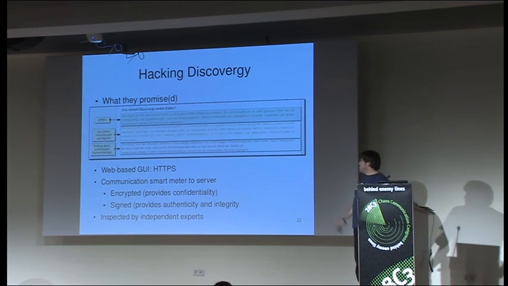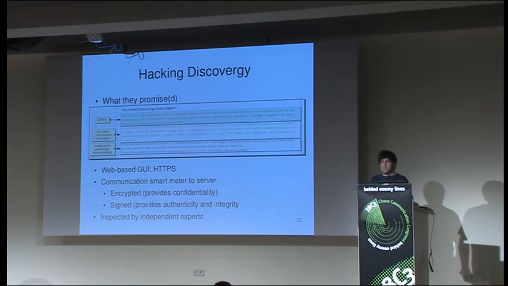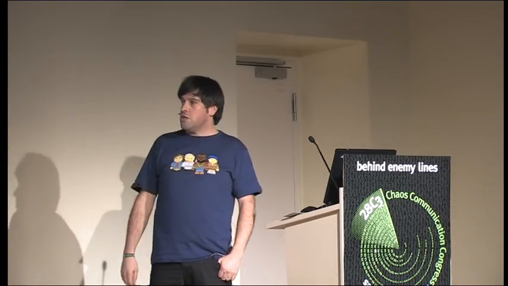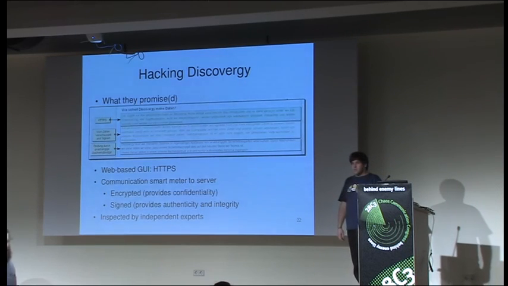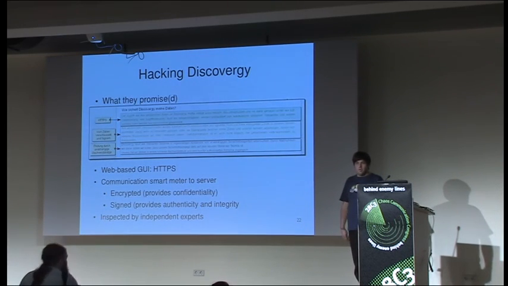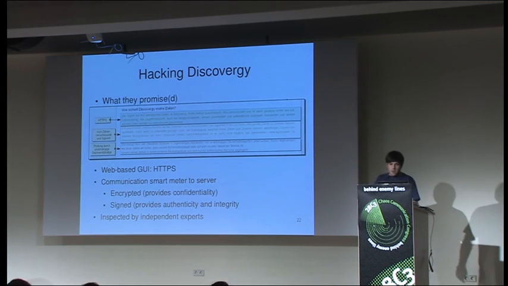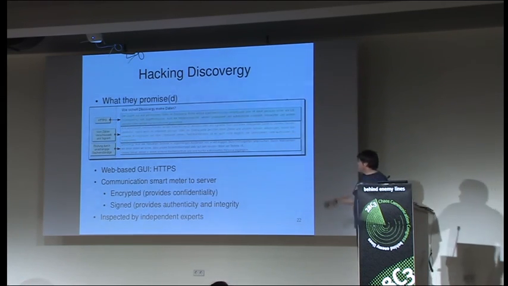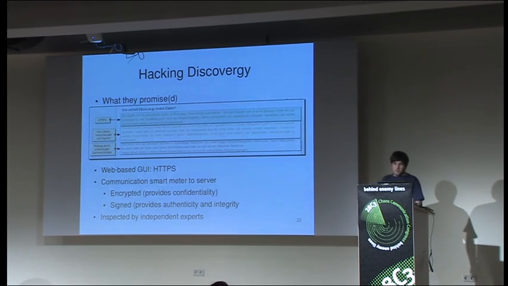They say the smart meter uses only an encrypted way of communicating, so all data is encrypted to provide confidentiality, and the data is also signed, which means you have no possibility to alter the data to other values. And the red one says that it is inspected by independent experts regularly, they say.